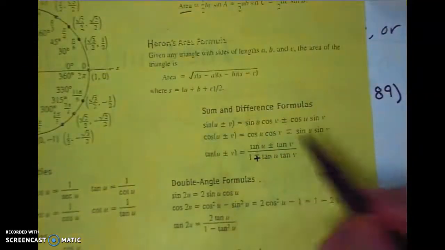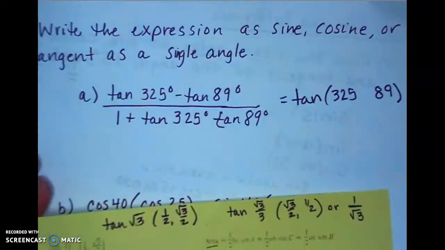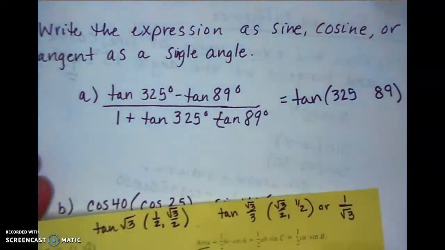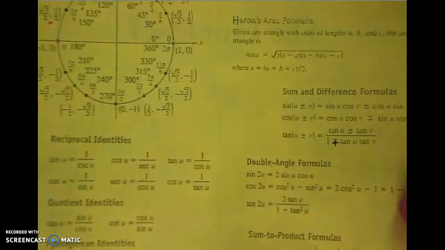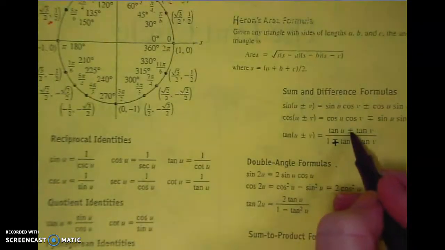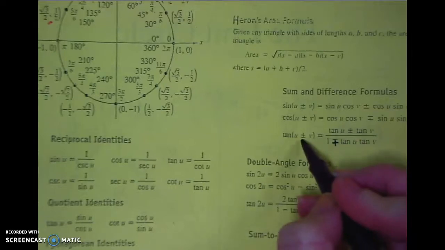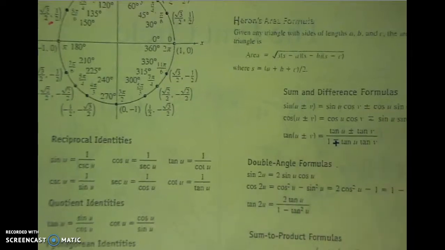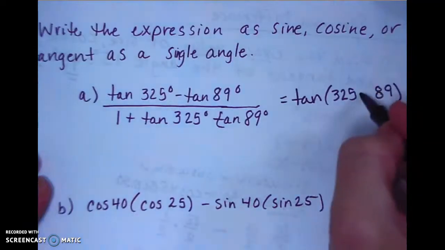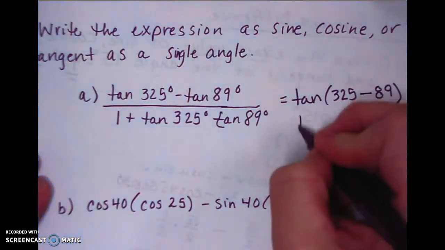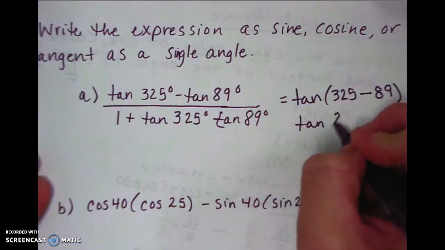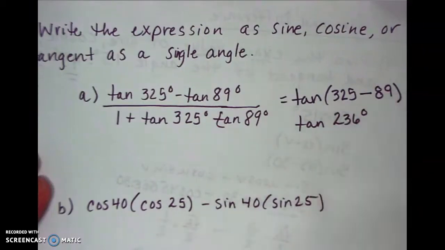So if you look at the tangent formula, when there is subtraction on top, there's subtraction right here, that's the bottom of my symbol. Subtraction is also on the bottom of my symbol there. So we have subtraction here, and we were looking for the tangent of 236 degrees.